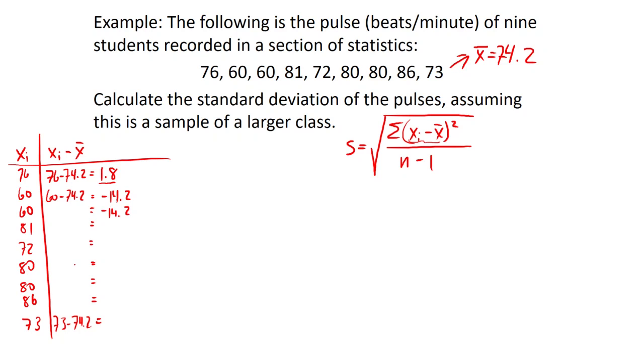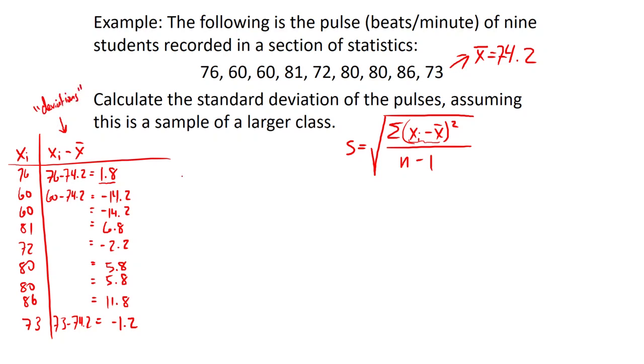Somebody correct me if I'm wrong on these. 81 minus 74.2, is that 6.8? 6.8. 72 minus 74.2, that'd be negative 2.2. 80 minus 74.2, that'd be 5.8. 86 minus 74.2, what's that, 11.8? And then 73 minus 74.2, that's negative 1.2, right? Okay, so these are all called deviations.